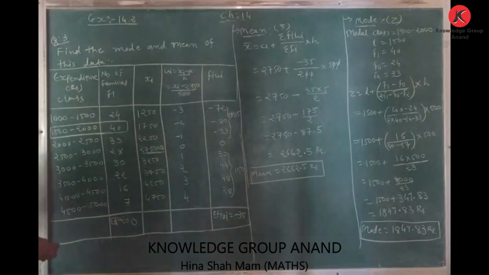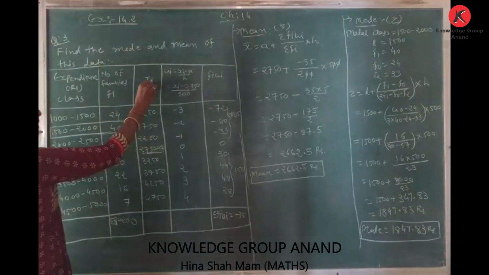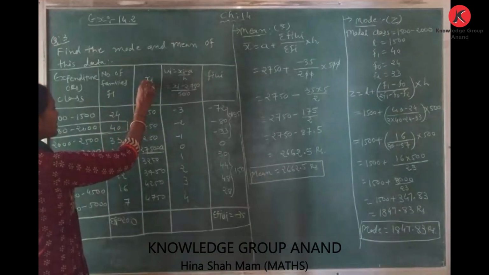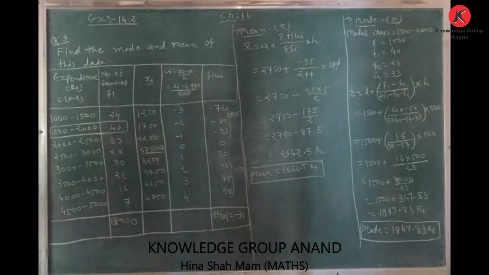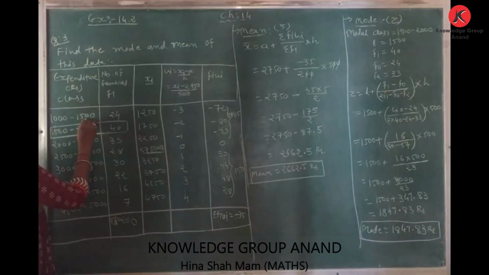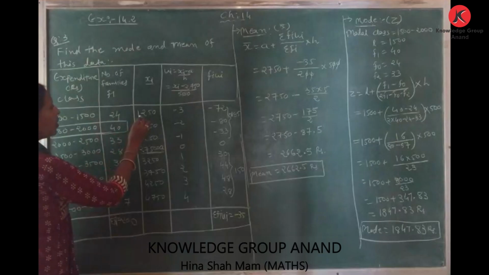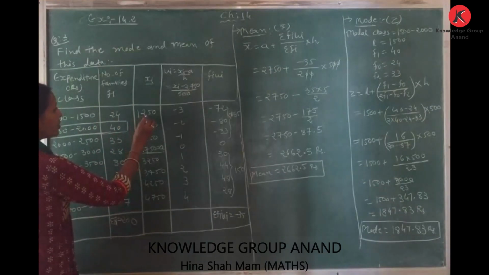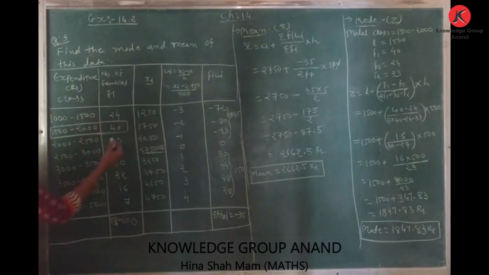To find the mean, we have to prepare the column xi, the class mark. Xi, that means class mark, is lower limit plus upper limit divided by 2. 1000 plus 1500 divided by 2, 2500 divided by 2, is 1250. Our class size is equal to 500.